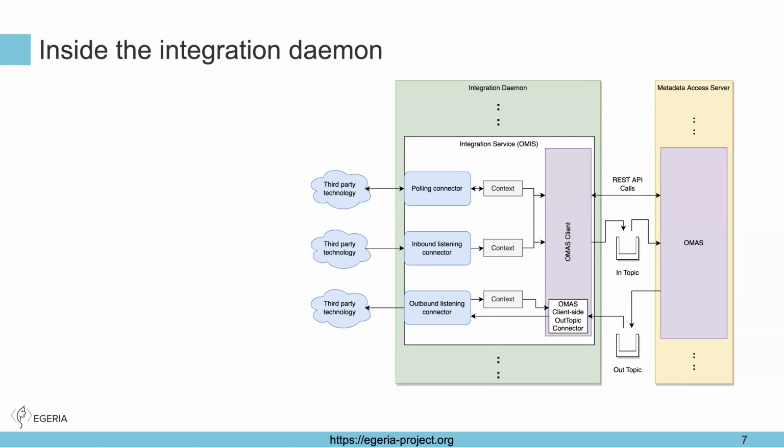So one of the things you'll see is that not only are we looking at being able to connect to the third-party technology, but the integration service is using the client of our access services, which is the specialist APIs to the metadata, not only as the REST API for the REST API calls, but also for the topics. Most of them, I don't think we have any that actually use the in topic, although architecturally, this picture is correct.